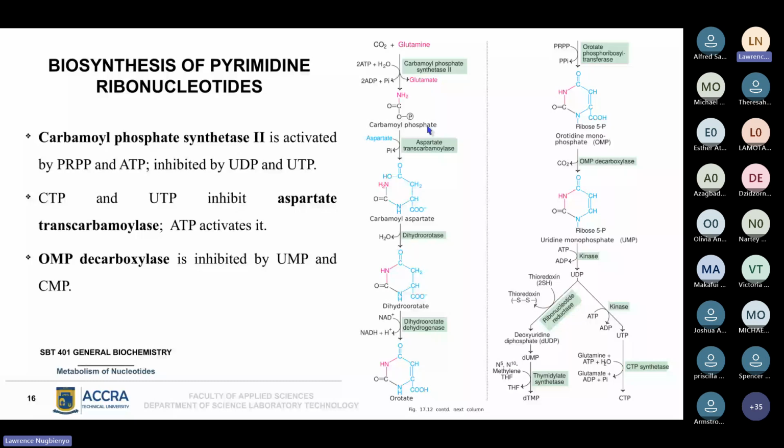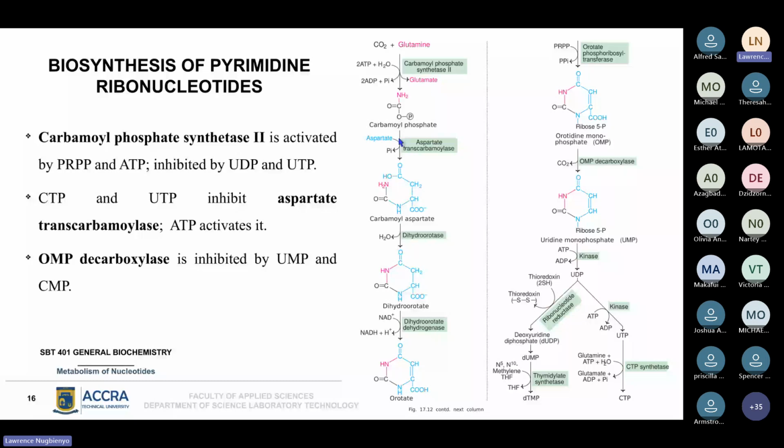Similarly, you have the CTP, that is the cytidine triphosphate, and UTP, uridine triphosphate, also inhibiting the second enzyme, aspartate transcarbamoylase, which is involved in the conjugation of aspartic acid to carbamoyl phosphate.